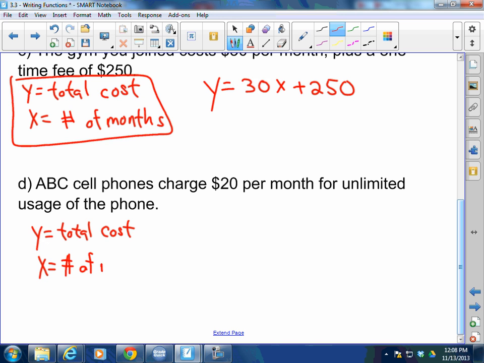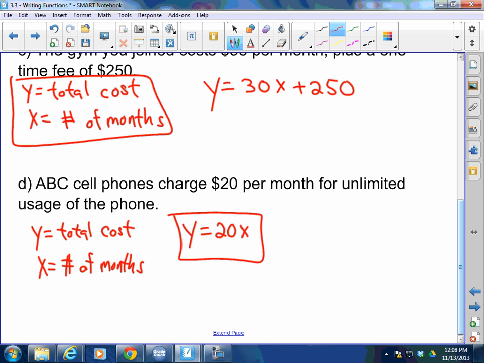Number of months. Excellent, son. Excellent. Very good. So what would my equation be? What would my function be? Y, which is the total cost, equals $20 per month, which is X. Fantastic. Excellent, sir. Does that make sense, guys?